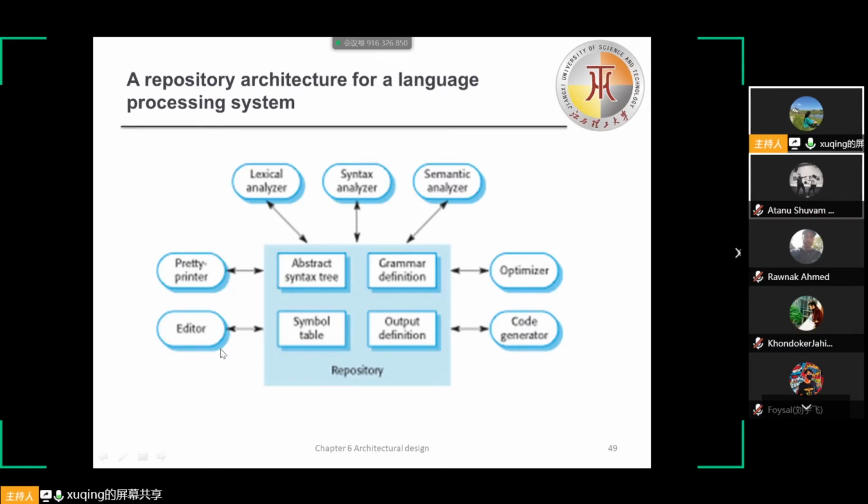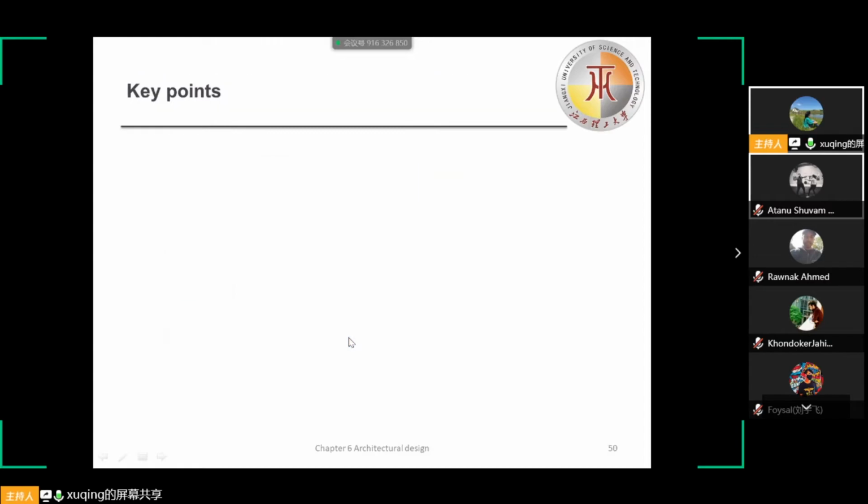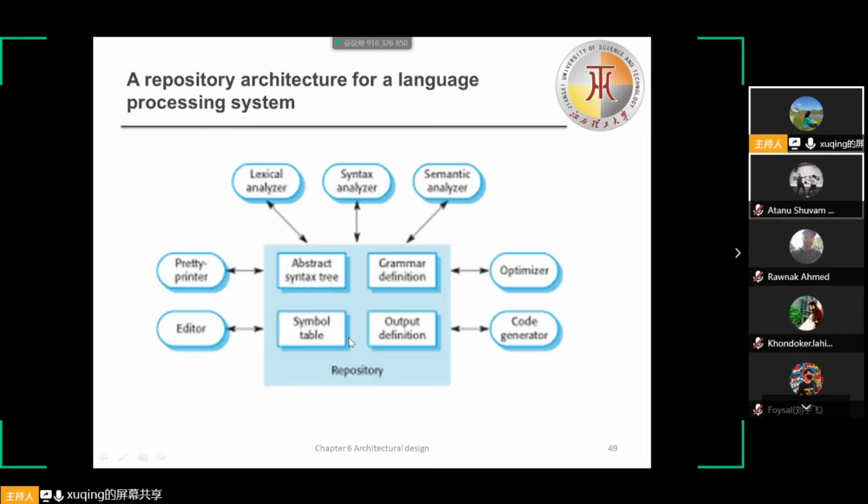You see, we may have different tools like editor, printer, lexical analyzer, syntax analyzer, semantic analyzer, optimizer, code generator, and they communicate or interact with this repository. Okay, here is for this type of application, the language processing systems.